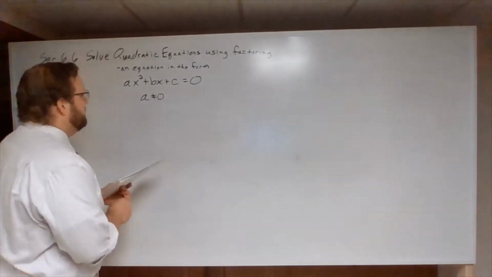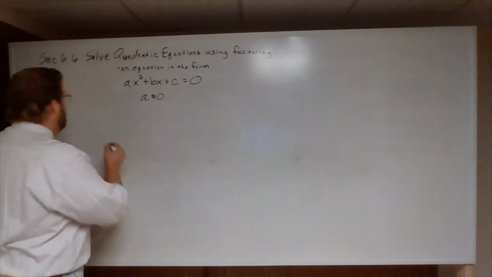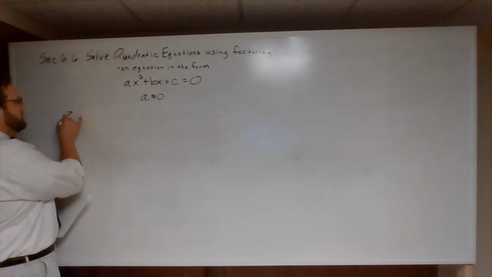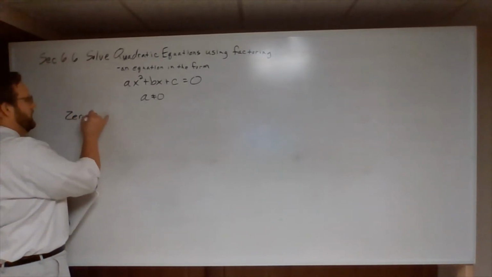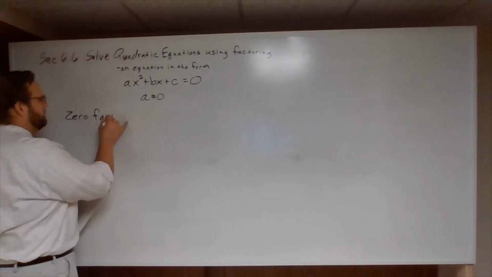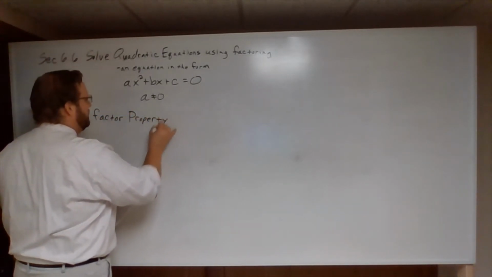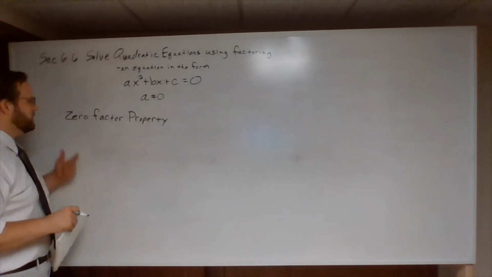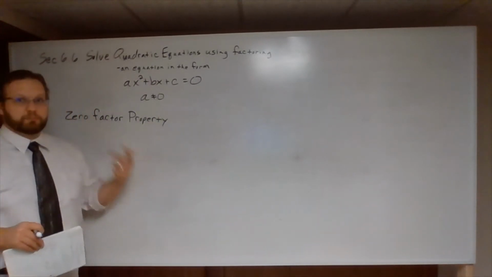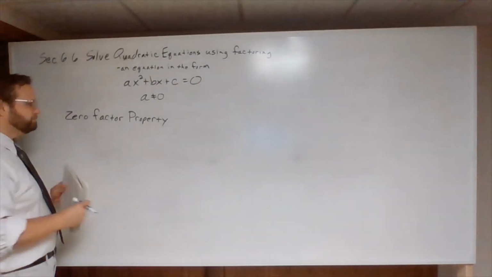Okay, now, before we can get into the factoring, there's one more thing that we have to know, which is the 0 factor property. In this textbook, I've also heard that called the 0 product property. Okay, same message, just a different name.